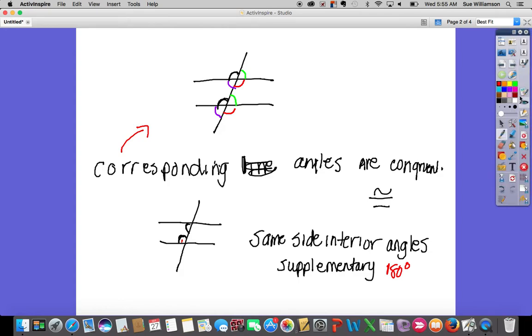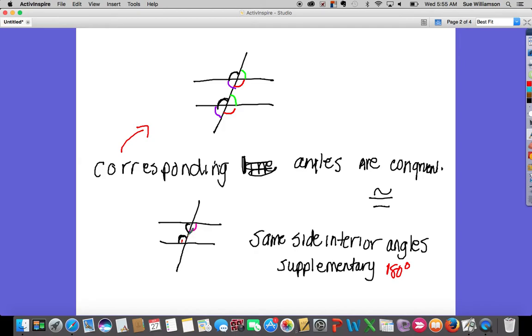So another pair of same side interior would be this angle and this angle. So these two would be considered same side interior, and these two would also be considered same side interior. And each pair is supplementary, so they're 180 degrees.